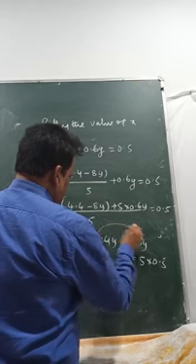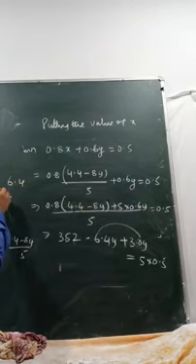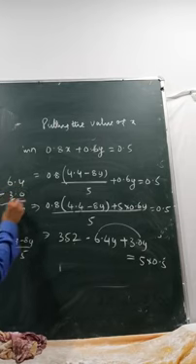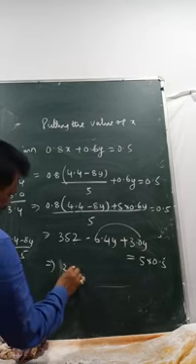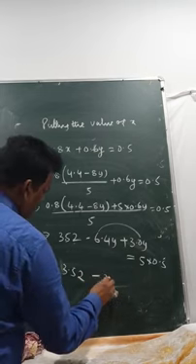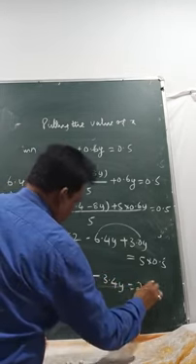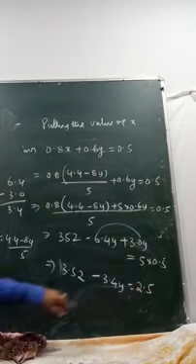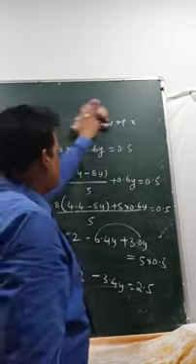Okay, these two you can subtract. 6.4 minus 3.0 is 3.4. So implies 3.52 minus 3.4y equals to 5 times 5 is 25, 2.5, because after decimal 1 digit.